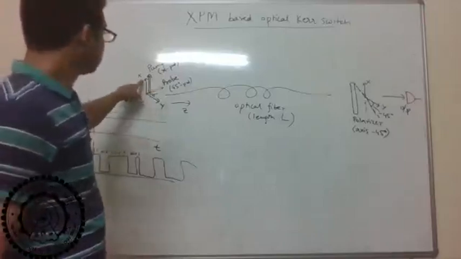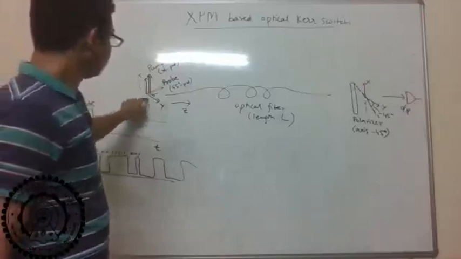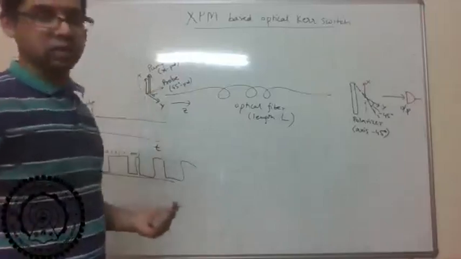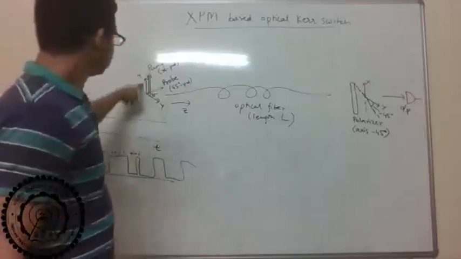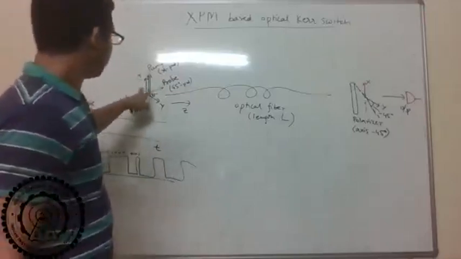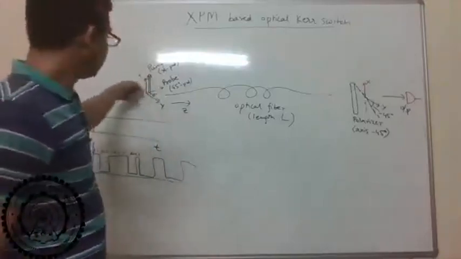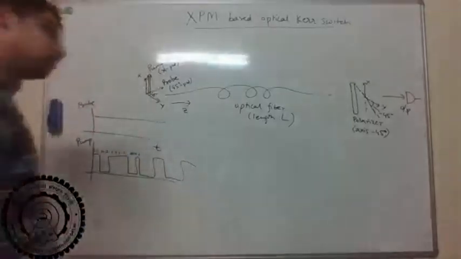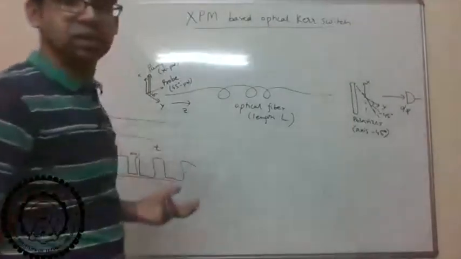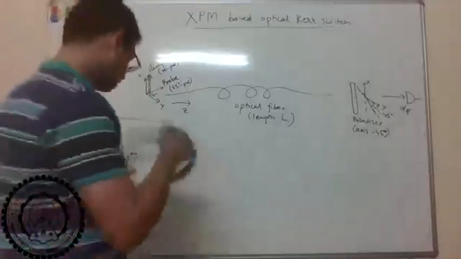The two components of the polarization will interact with different tensor elements of chi-3. In one case, the probe polarization is parallel to the pump, both along X, and in the other case, the probe is along Y and the pump is along X. So the tensor elements that contribute to the phase shift will be different in both cases.